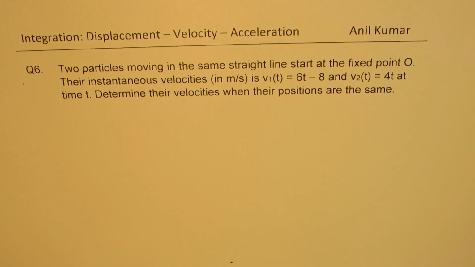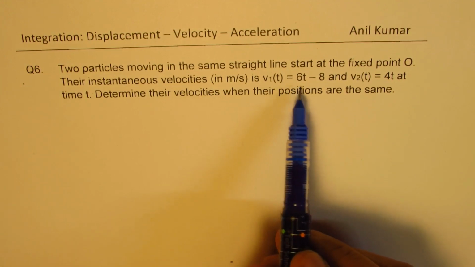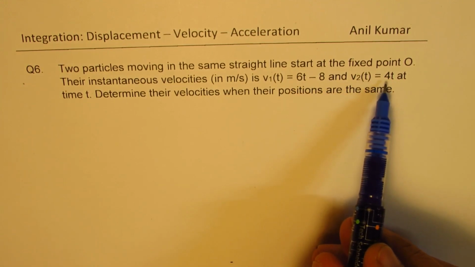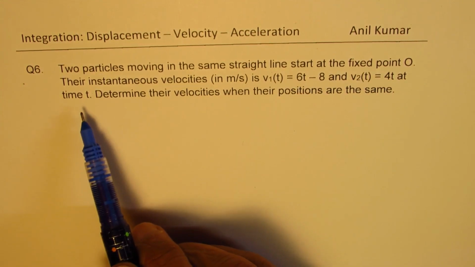Question number 6 here is from a test paper. The question is, two particles moving in the same straight line start at the fixed point O. Their instantaneous velocities in meters per second are v1(t) = 6t minus 8 and v2(t) = 4t at time t.